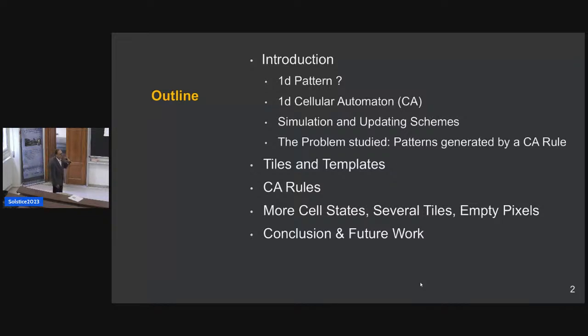And then the problem which will be studied, how patterns can be generated by a certain cellular automata rule. Then about tiles and so-called templates. And then about the cellular automata rule, how it works. And then something about using more cell states and several tiles and so-called empty pixels, and conclusion.